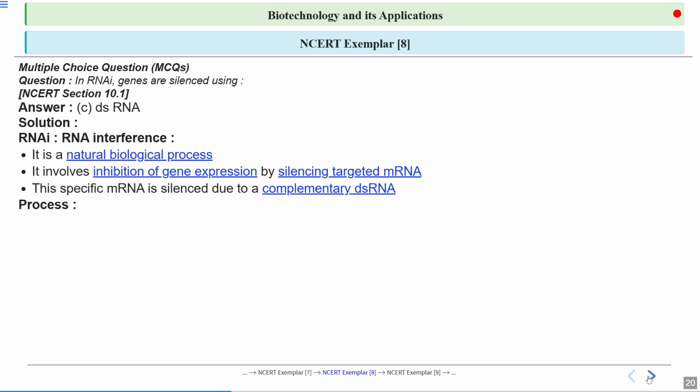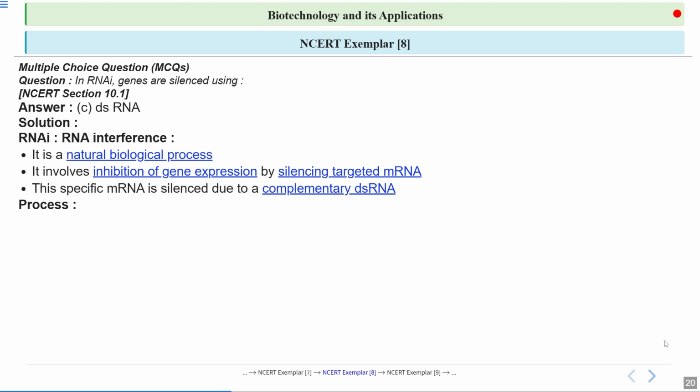It involves the inhibition of gene expression, and it does so by silencing the targeted mRNA. The complementary double-stranded RNA goes and binds to the mRNA and thus stops the translation. This is how it works.